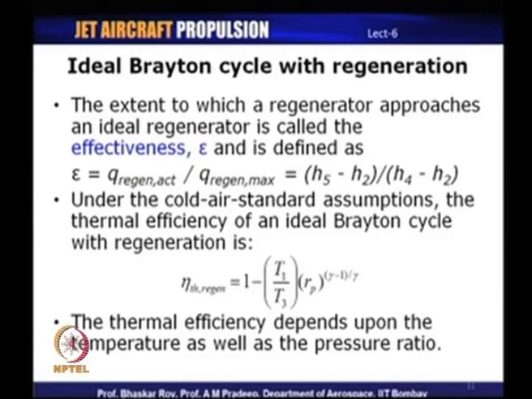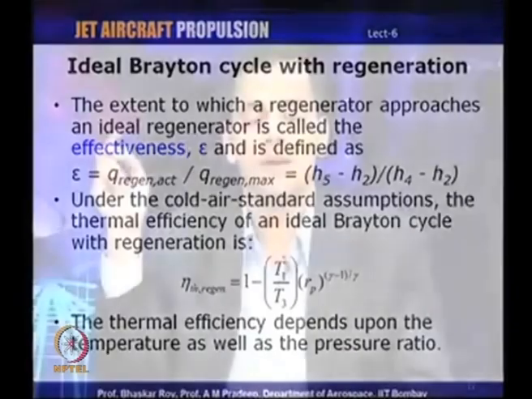So what you can immediately see is that the thermal efficiency depends upon yet another parameter. In a simple Brayton cycle, we have discussed that the thermal efficiency is a function of the pressure ratio as well as, of course, the ratio of specific heats. But in a cycle with regeneration, thermal efficiency also depends upon the temperature ratio.